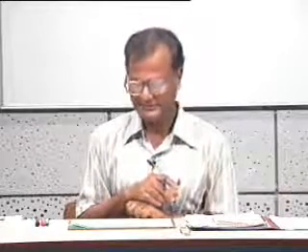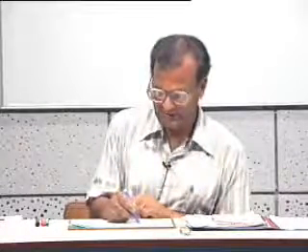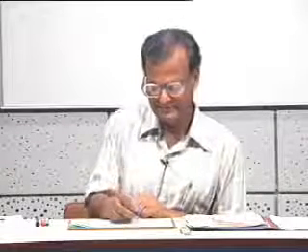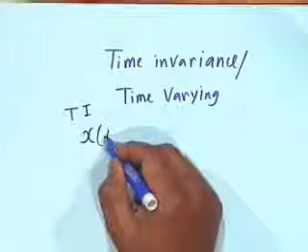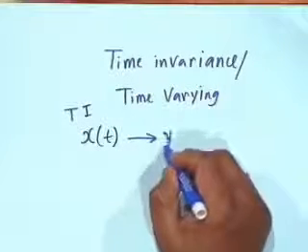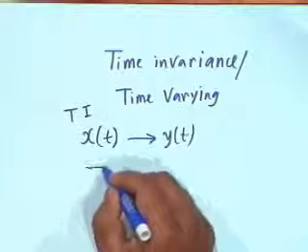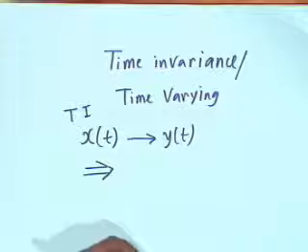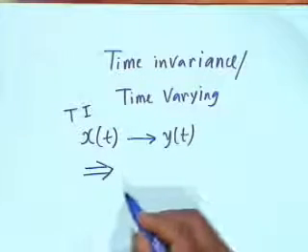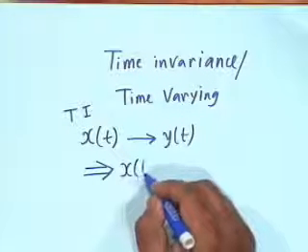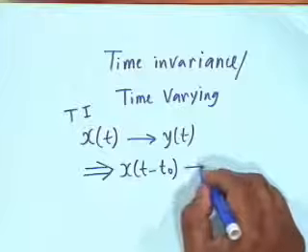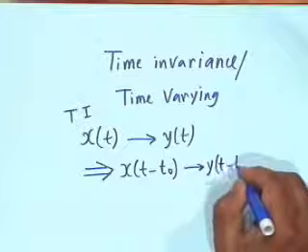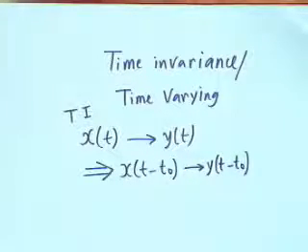A system is said to be time invariant (TI) if x of t leads to y of t implies, double line and an arrow, implies that if the input is delayed by a certain amount, t0, it produces an output which is also delayed by the same amount.